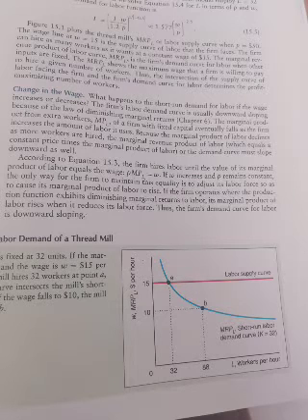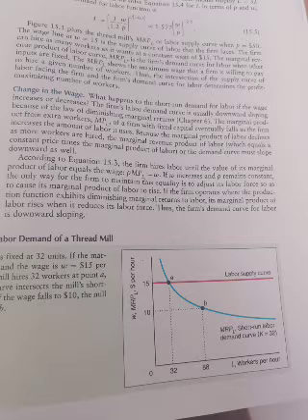According to equation 15.3, the firm hires labor until the value of its marginal product of labor equals the wage: price times the marginal product of labor equals wage. If wage increases and price remains constant, the only way for the firm to maintain this equality is to adjust its labor force so as to cause its marginal product of labor to rise.